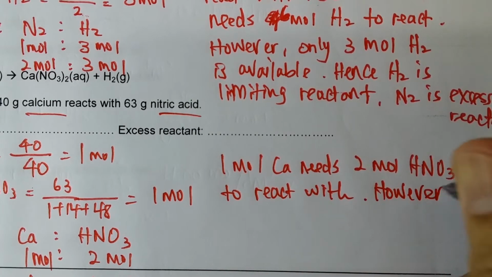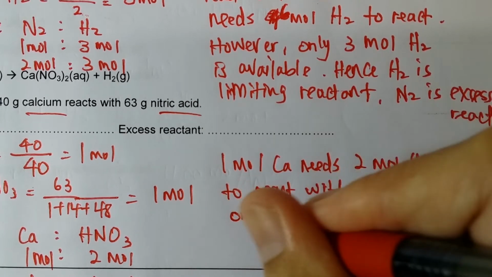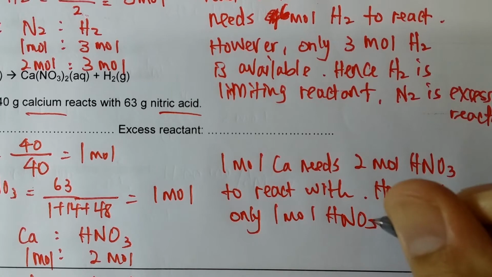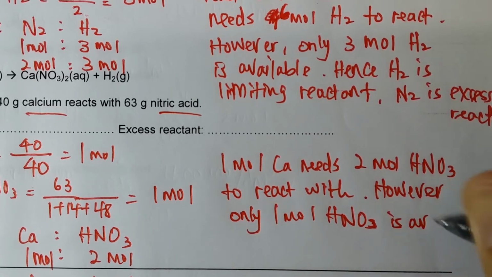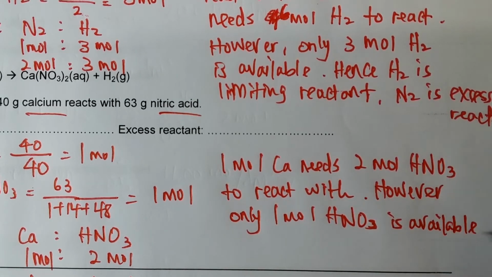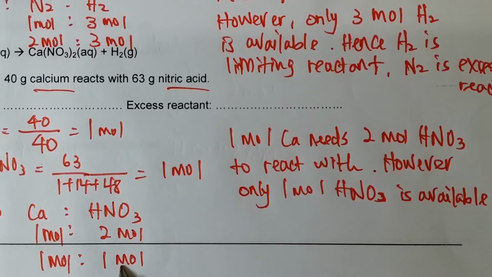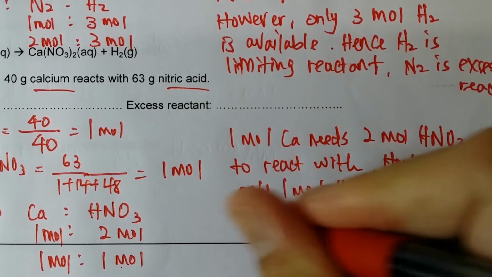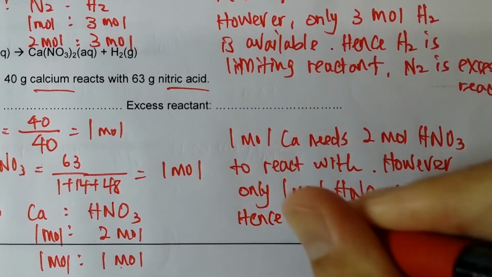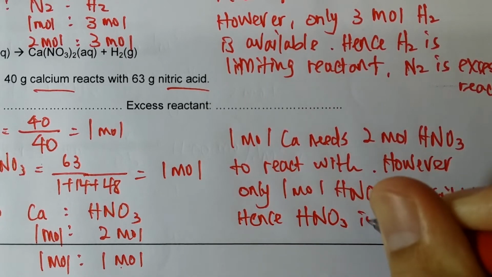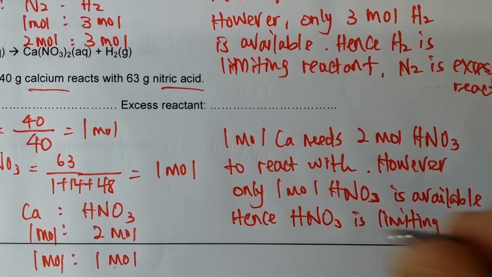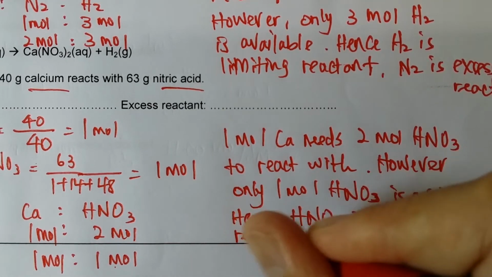However, only 1 mole HNO3 is available. Okay, only 1 mole of HNO3 is available. Hence, HNO3 is limiting reactant.